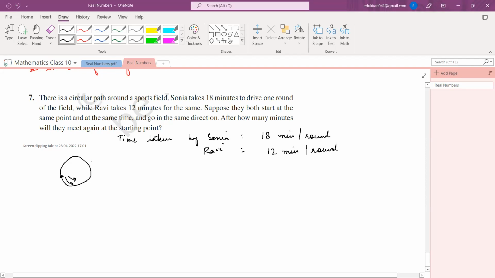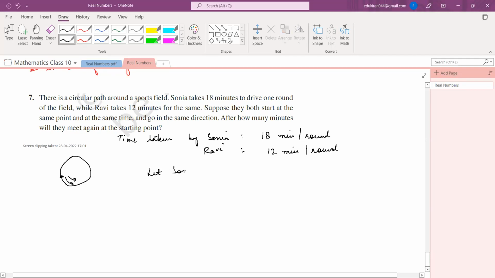Now, because they have different speeds, who is moving faster here? Ravi, obviously, he's taking 12 minutes. So they will make certain rounds, and it might happen that at a particular round they meet again at the same point. So let's say after x rounds they are meeting, right?